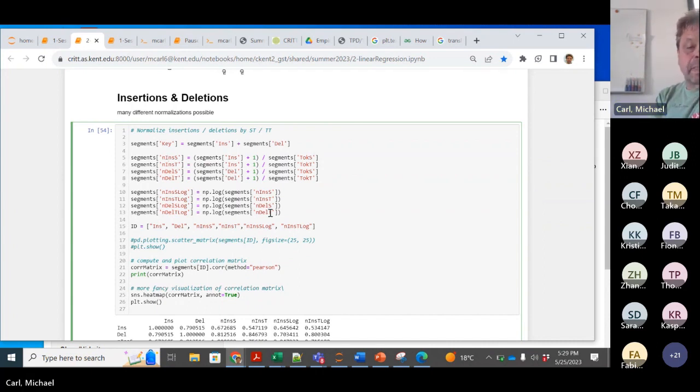So which normalization would be more interesting or make more sense? If somebody writes a very long version of a translation and another person writes a very short version of that translation, the normalization based on the number of target words produced would, of course, be very different.